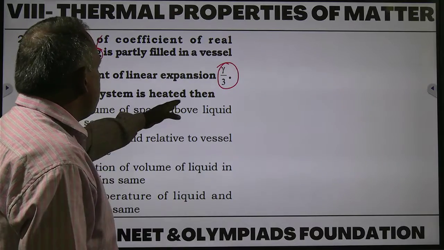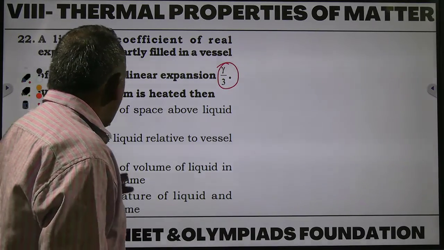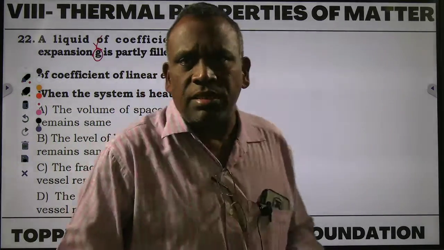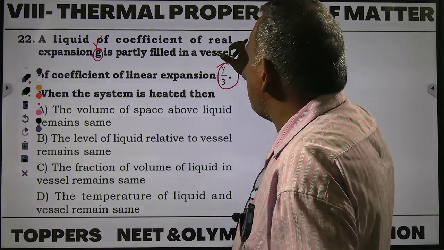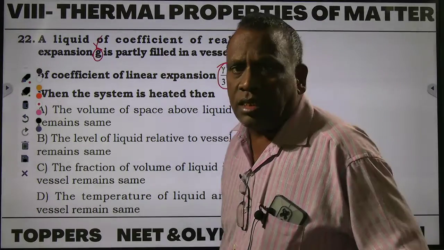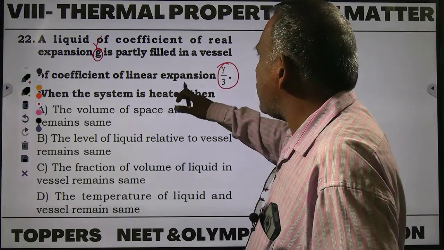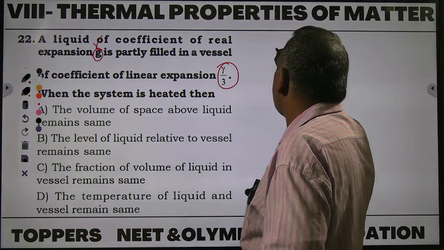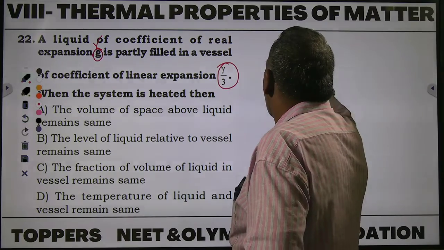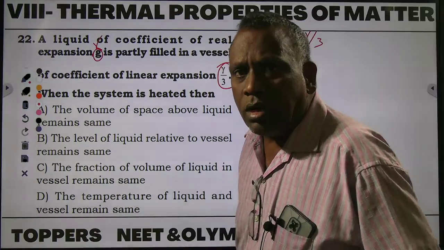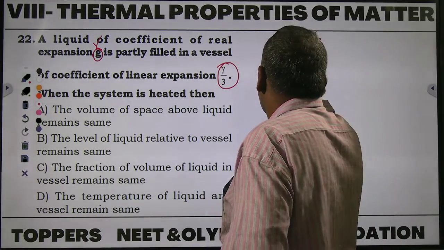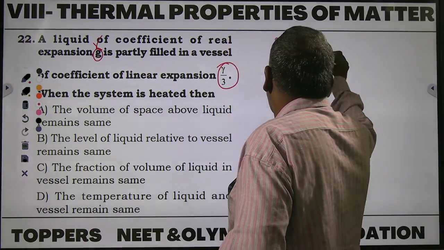When the system is heated, which options are correct? If you observe carefully, the liquid has coefficient of expansion gamma, and the container has alpha equal to gamma by 3. Hence the container expansion is nothing but 3 alpha.